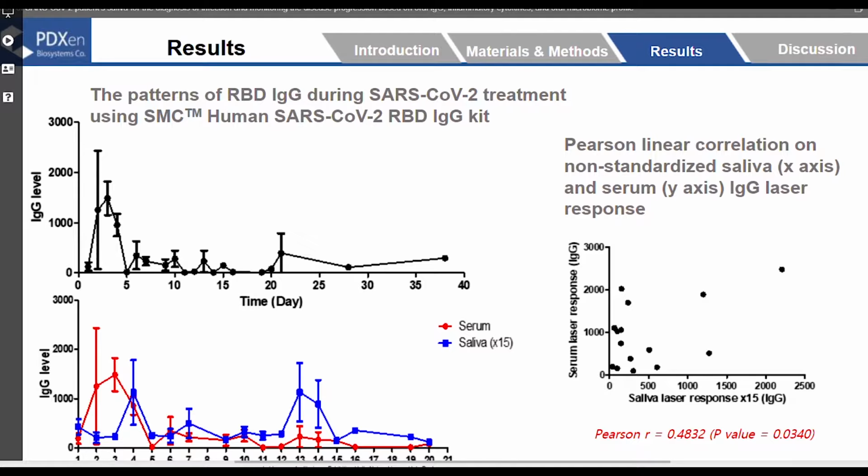We found that whatever you measure in each sample, serum or saliva, the data have a relationship between each other.